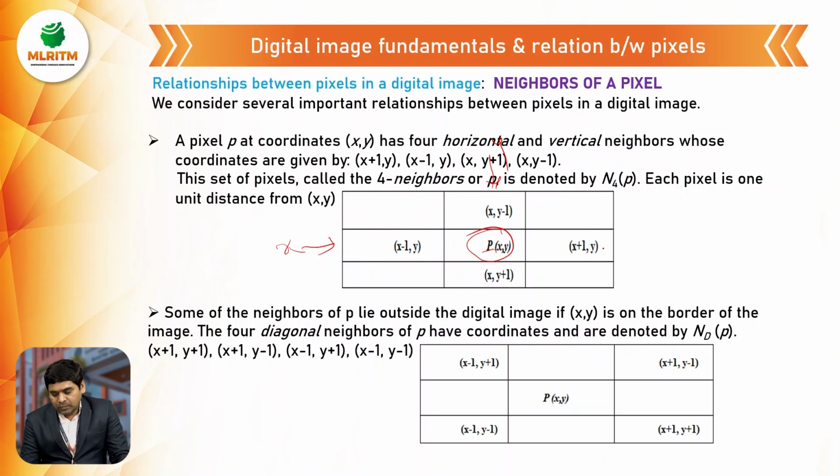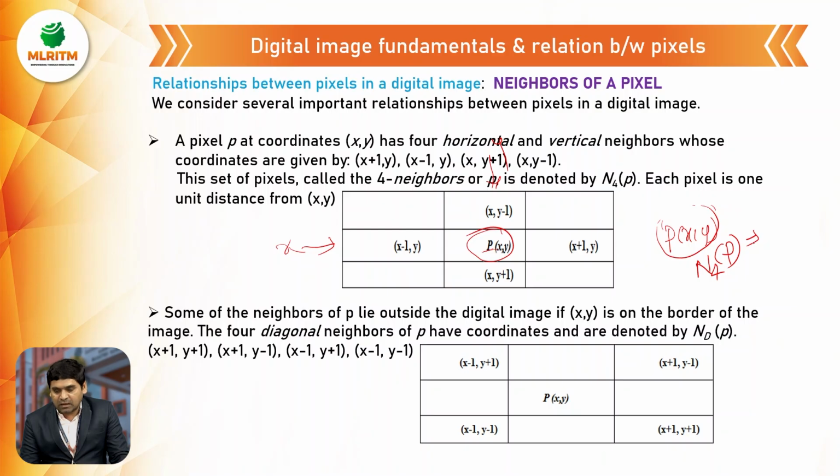So for example, p of x comma y is the middle pixel value, and the above, top, bottom, left and right, these 4 pixel coordinates are represented by n4 of p, which is called the 4 neighbors of the pixel.